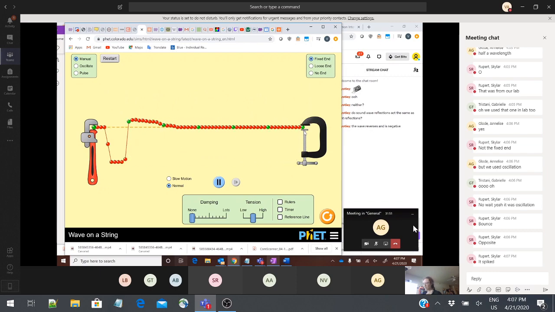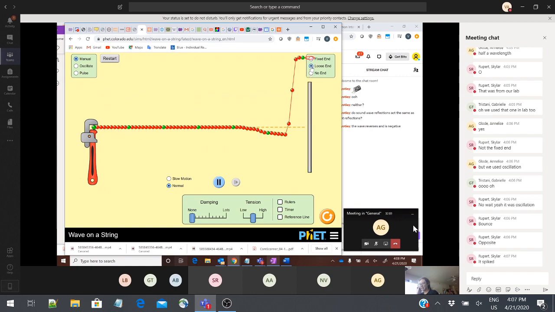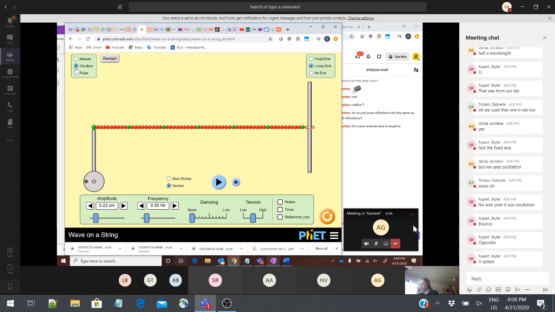Okay. So in this case, I have a node at both ends. In the loose end, I have an antinode at that end. Okay. What happens if, instead of doing that, I make it oscillate?